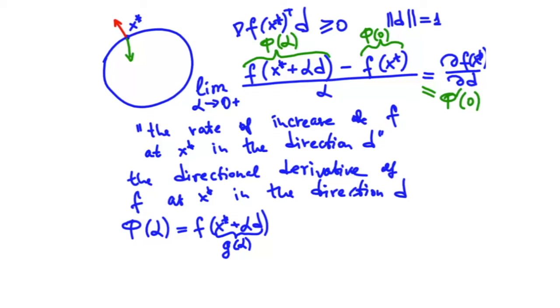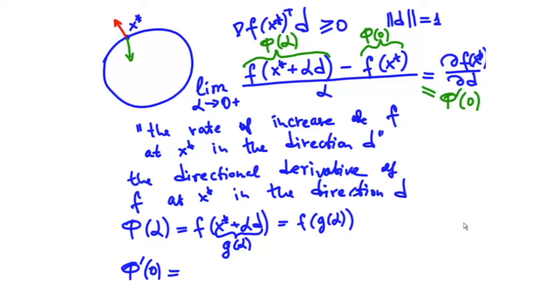This function is linear with respect to alpha, so phi is f of g of alpha. If I want to take the derivative of phi, I can use the chain rule: the derivative of f multiplied by the derivative of g with respect to alpha.